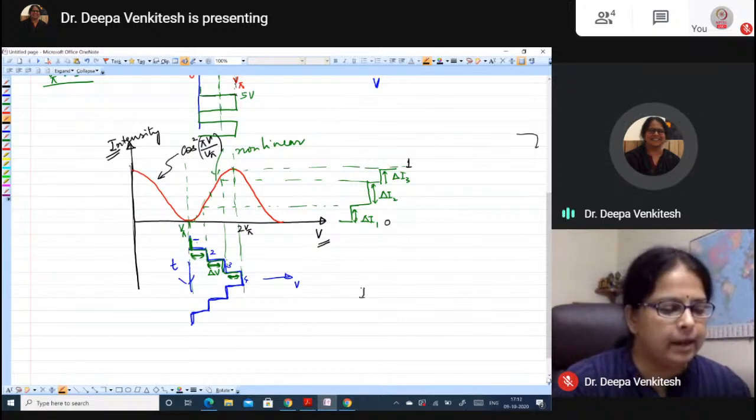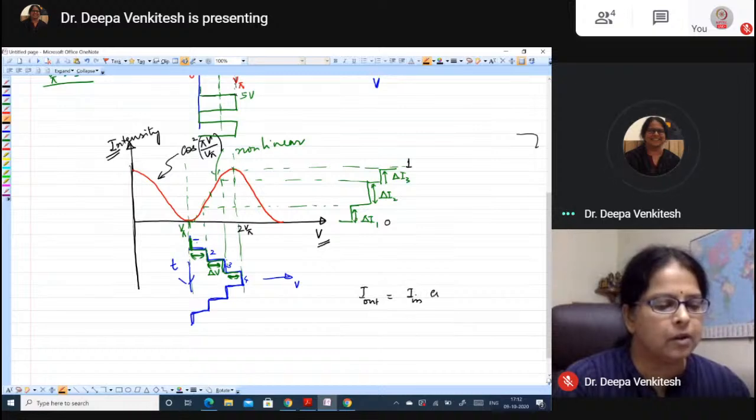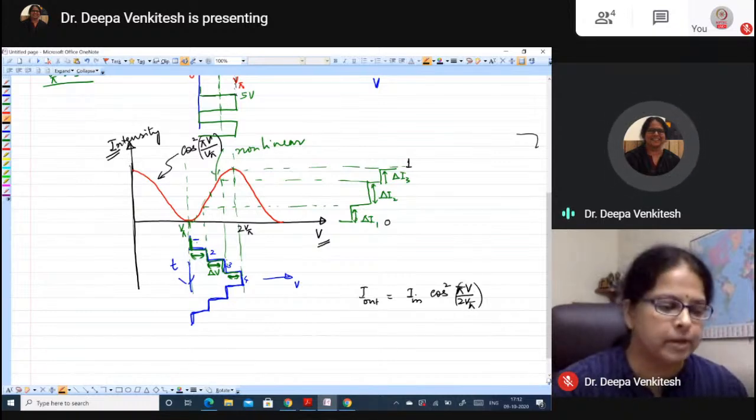So if I say my I out is equal to I in times cos square pi v by 2 v pi, if this is my input-output relation, or the transfer function I out by I in is equal to cos square pi v by 2 v pi.